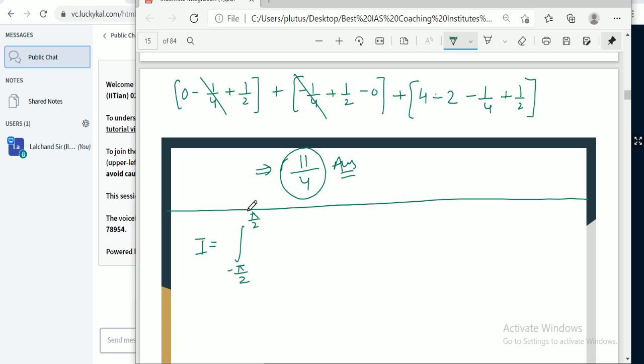Okay, so we need to calculate the integration of under root cos x minus cos cube x dx. We need to calculate this integral. Okay, limit is minus pi by 2 to plus pi by 2. So can you calculate this?